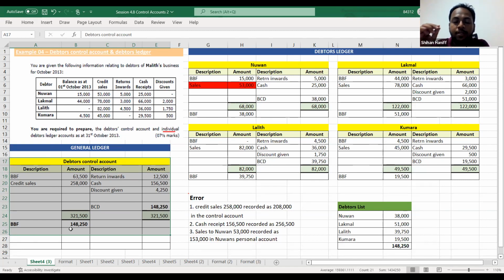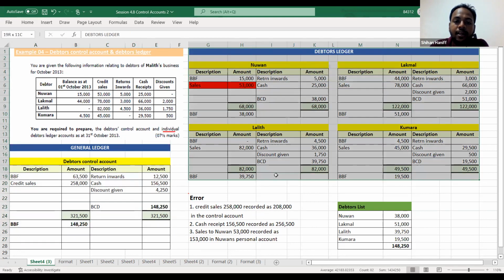So we assume that now you are preparing the general ledger. You are the accountant. You prepare the general ledger, and assume that the debtors ledger is done by someone else. So you can't correct it.